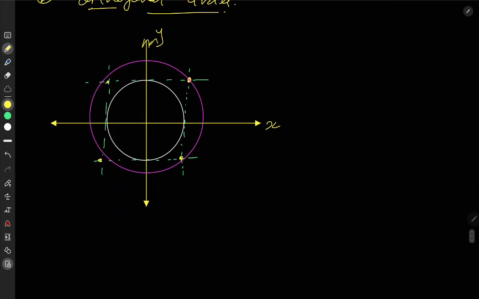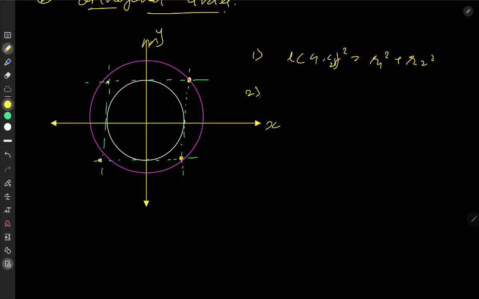For this, the first thing we do is equate the length of C1C2, this square, equals R1 square plus R2 square.